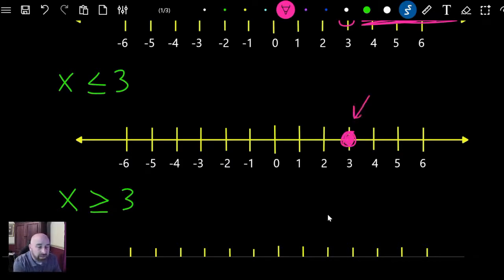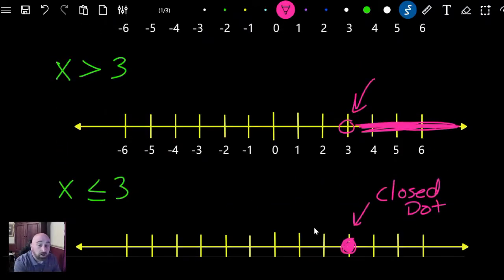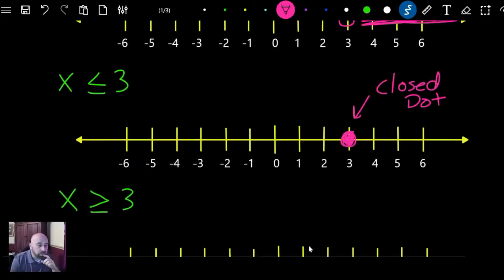This is called a closed dot. Closed dot. This is called an open dot. Right? So that makes sense. If it's open, it's not colored in. If it's closed, it's colored in. So we close the dot because it's equal to, but we still have to deal with this.